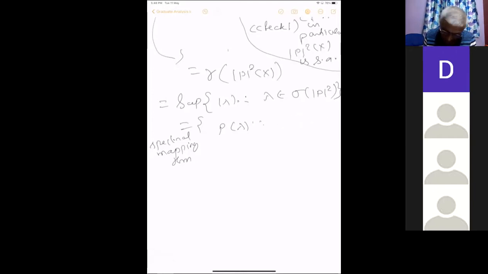Let me explain. Lambda is in sigma of t. This is the supremum of |lambda| such that lambda is in sigma of that, but that is the same as lambda in |p|^2 of sigma.